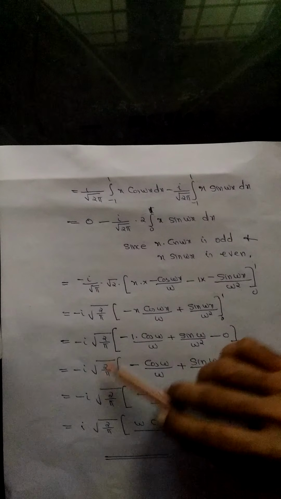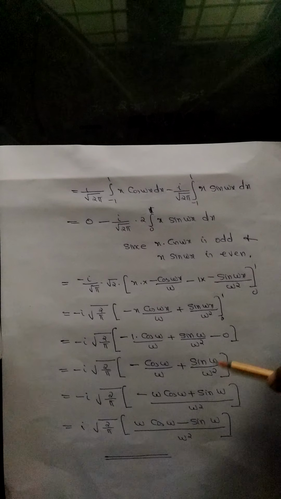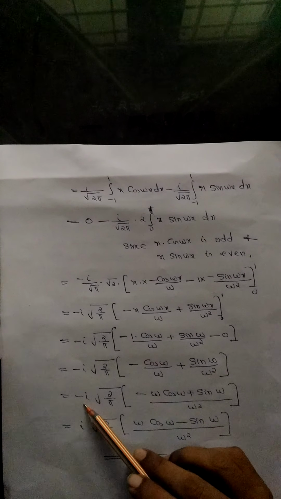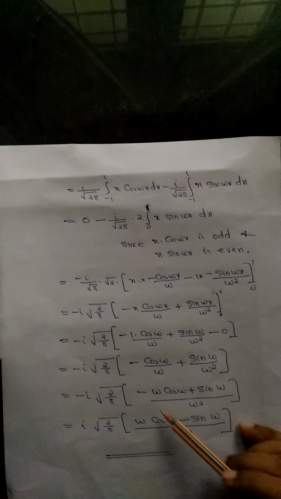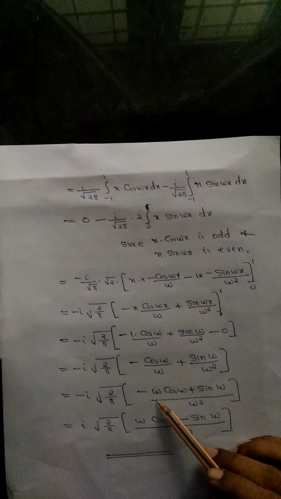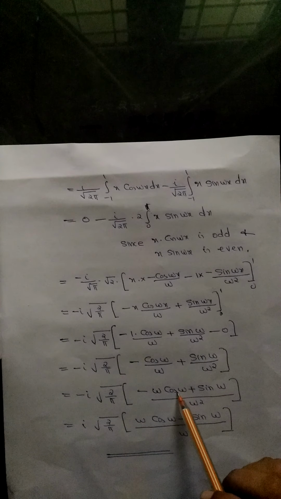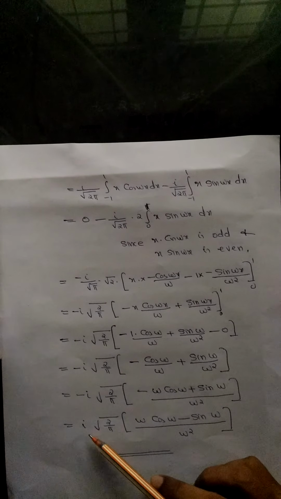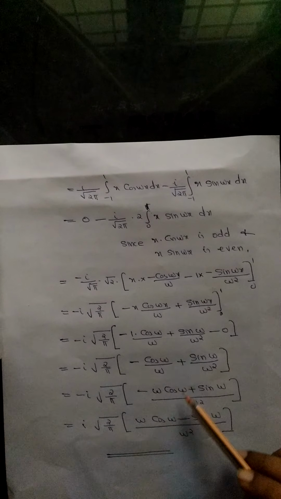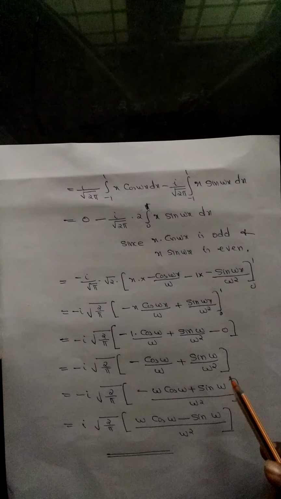So that is equal to minus i into root of 2 by pi, into minus cos omega by omega plus sin omega by omega square. Taking the LCM as omega square, the numerator becomes minus omega cos omega plus sin omega. Take a minus sign out of the bracket, so minus into minus becomes plus i into root of 2 by pi, and the term becomes omega cos omega minus sin omega divided by omega square.